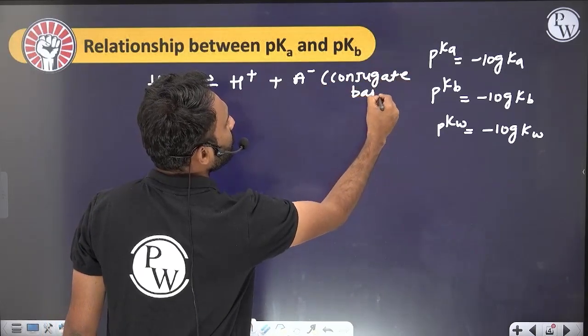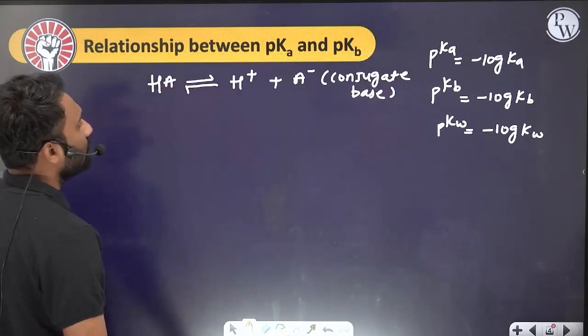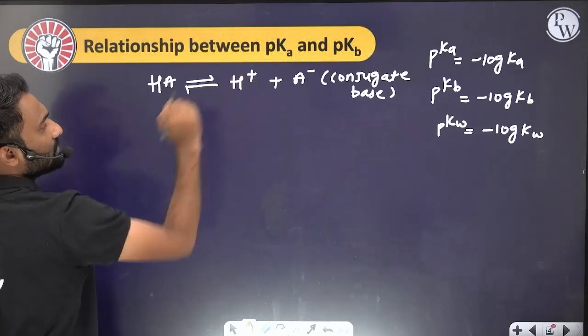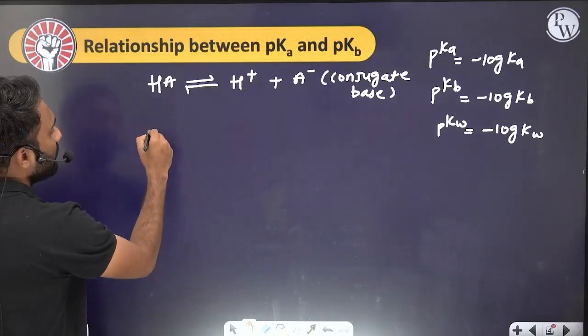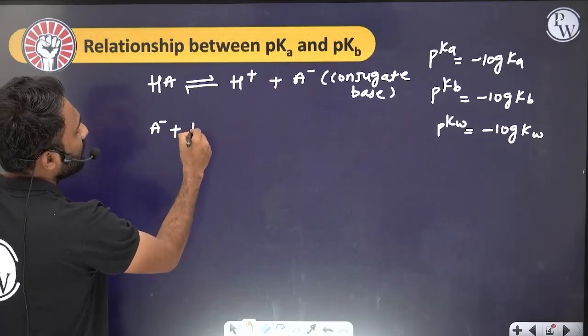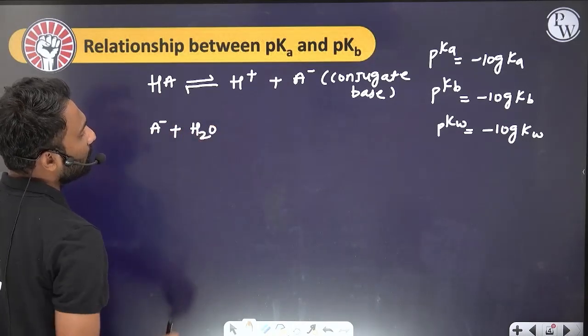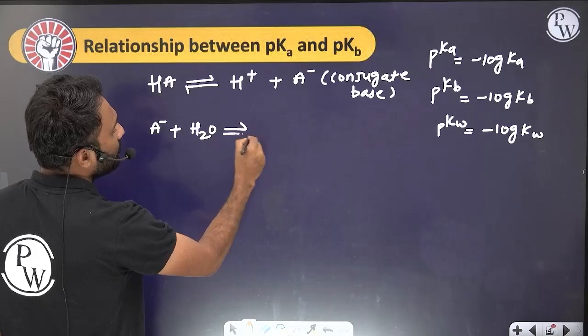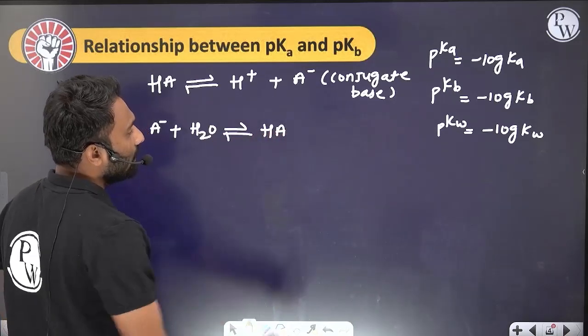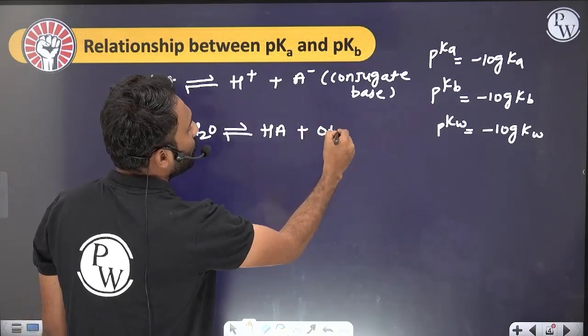Now this conjugate base will again react with water and give HA and OH minus.